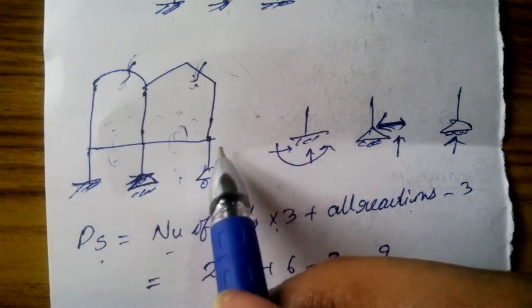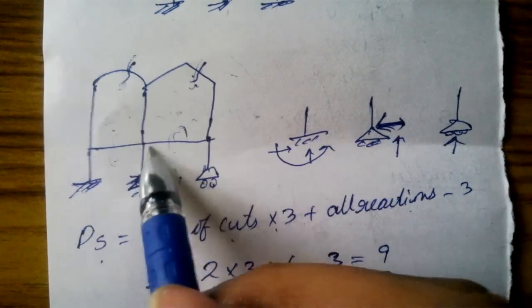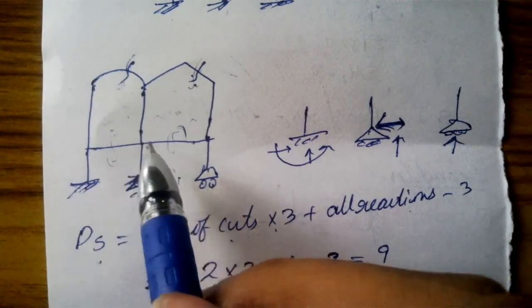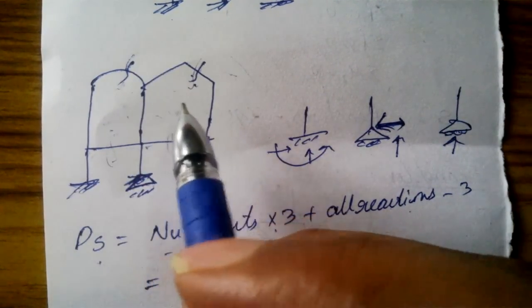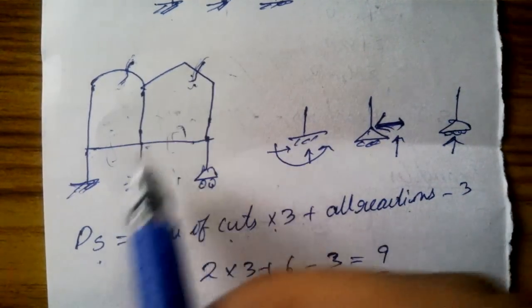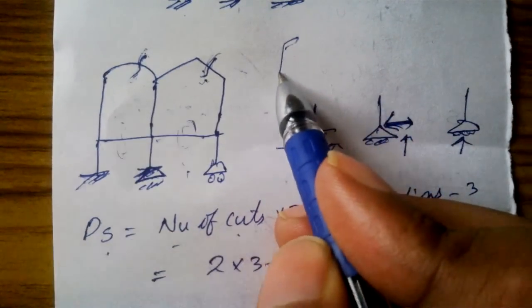This entire frame is one frame, so there should be continuity between the frames. All the cuts should be taken, and this is one cut, two cut, and here we will not cut.